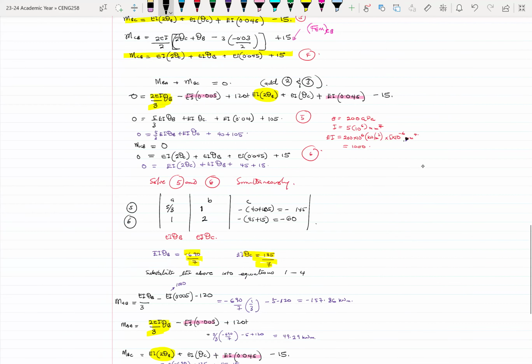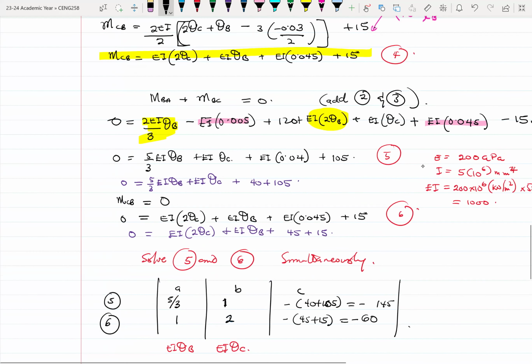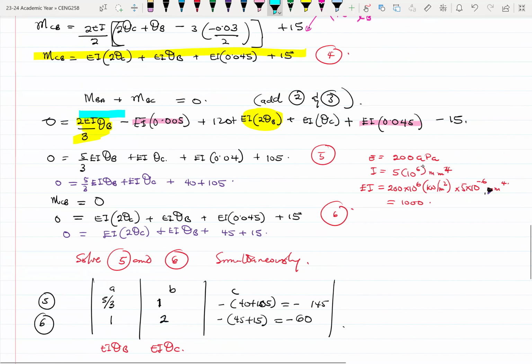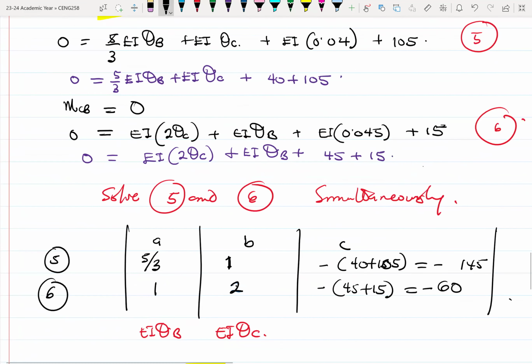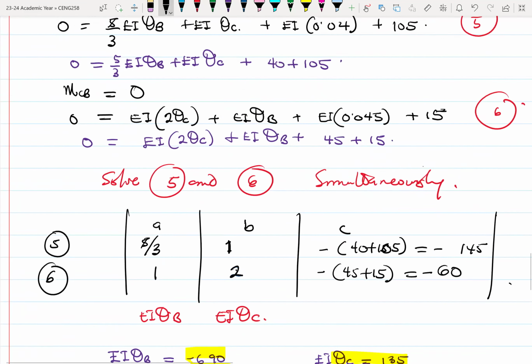Okay, so I think I made a mistake. Let me just correct it right here. When adding these two terms, it's 2 over 3 plus 2, so that'll give me 8, not 5. So this will be 8, sorry. So 8 over 3. That'll make the first term here also 8 over 3.